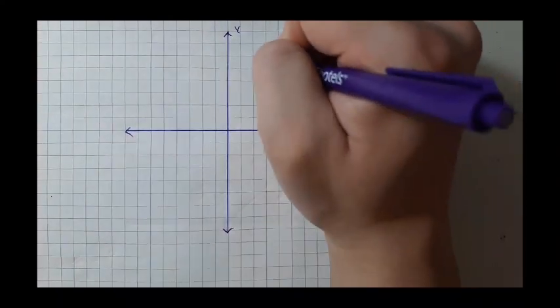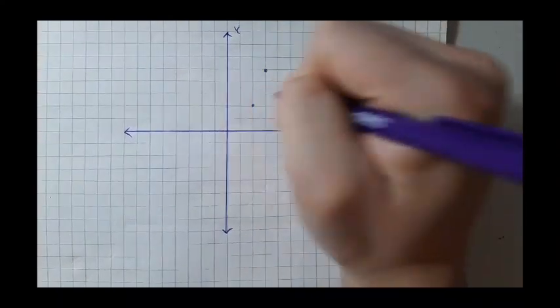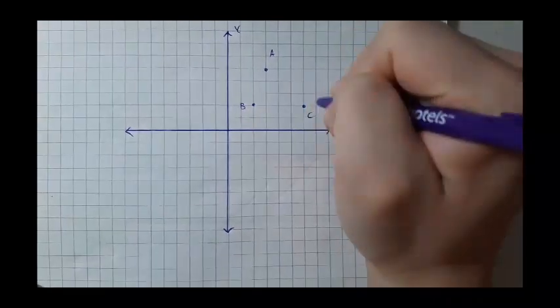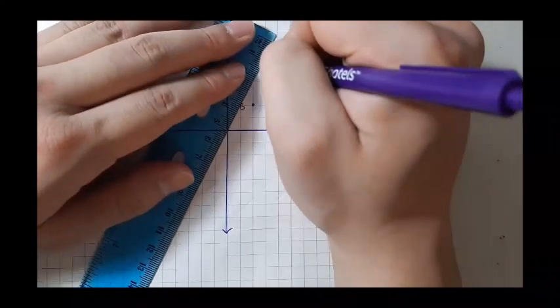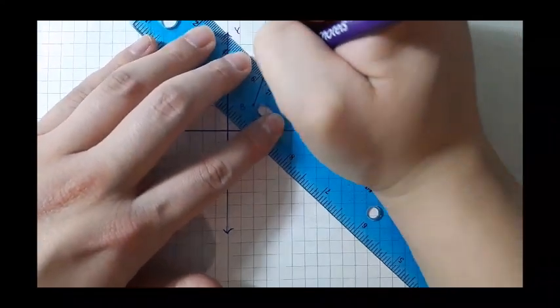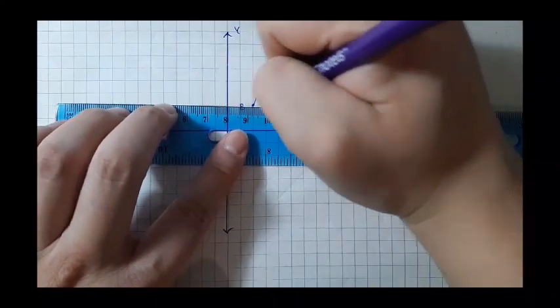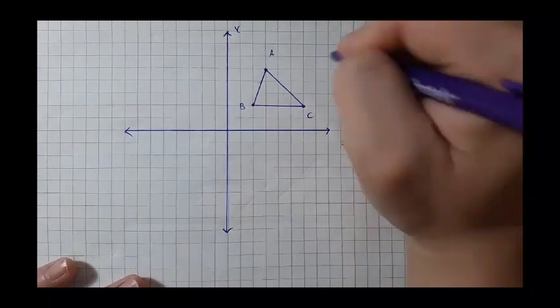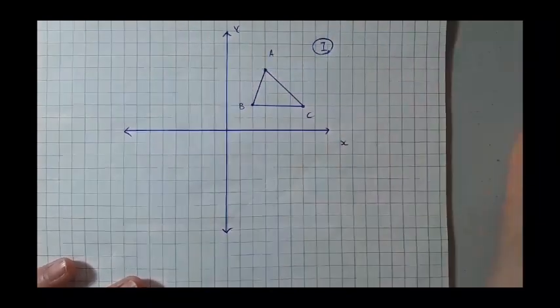Now let's do a triangle again. A, B, C. This time I want to make it pretty. There you go. Now, this is, of course, quadrant 1.